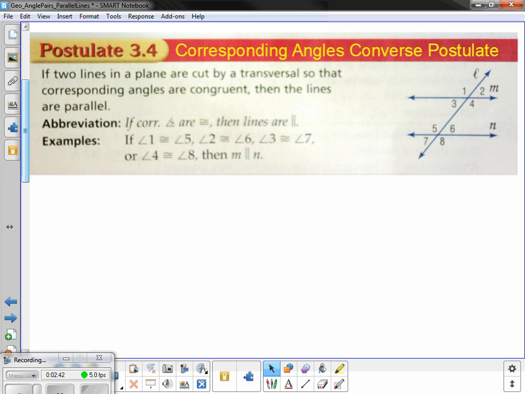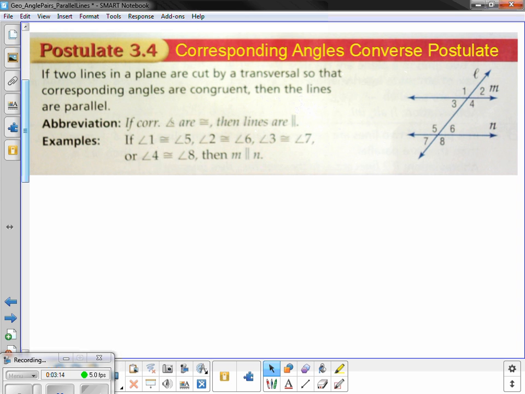So the big thing to catch on to is that now I know I have congruent angles, which means I have parallel lines. If I know the angles, I use the converse postulate to show that I have parallel lines. The original corresponding angles postulate, from a couple videos back, is for when I had parallel lines to begin with. If I want to show I have parallel lines, I use the converse postulate.